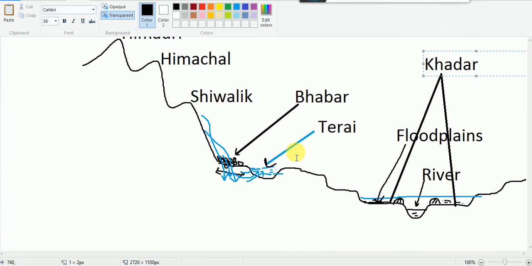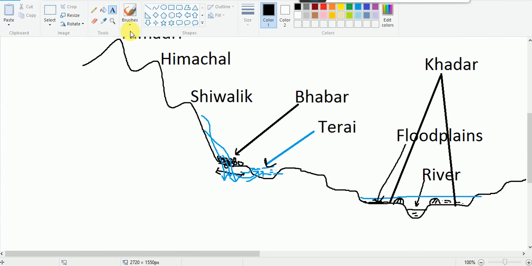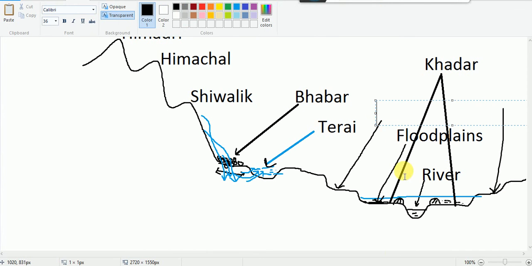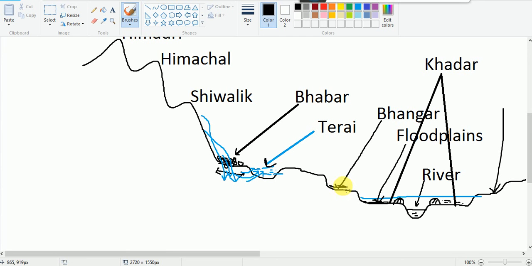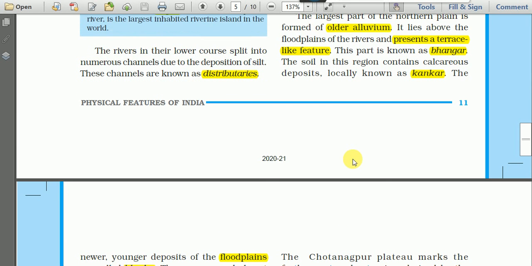So in the floodplains you'll find khadar, whereas away from the river bank, at the higher reaches, that is along the terraces, these are the river terraces, and this is another river terrace, and here in these river terraces you'll find bhangar. So in the upper areas, that is in the river terraces, here and here, you will find bhangar as mentioned here.